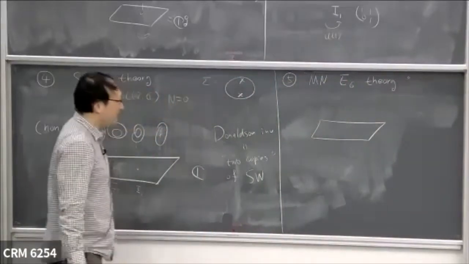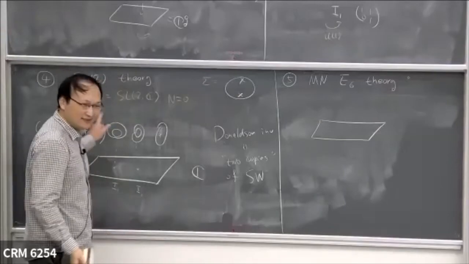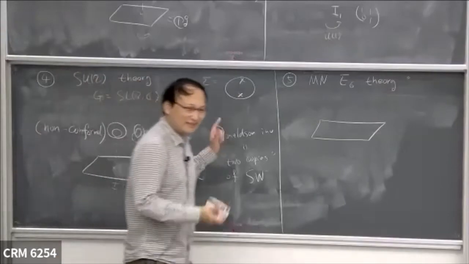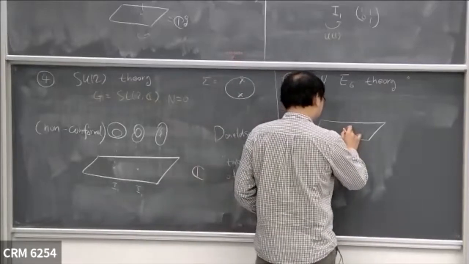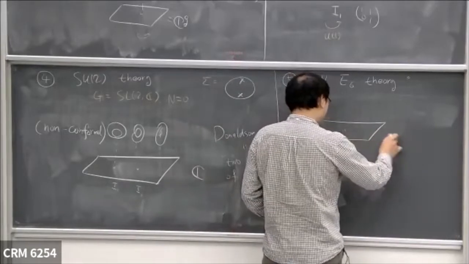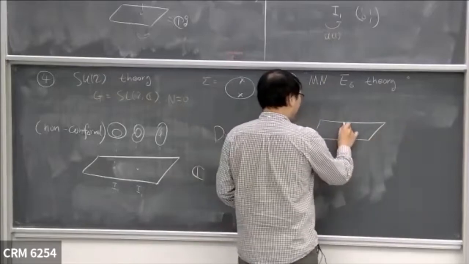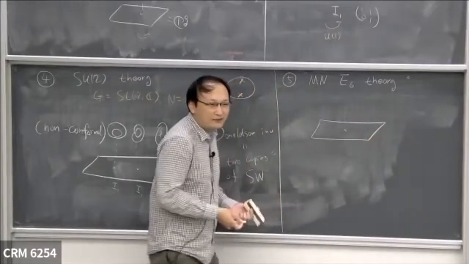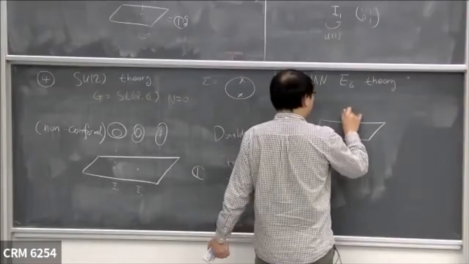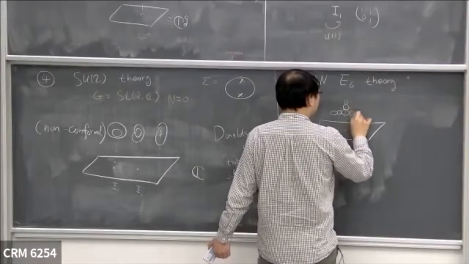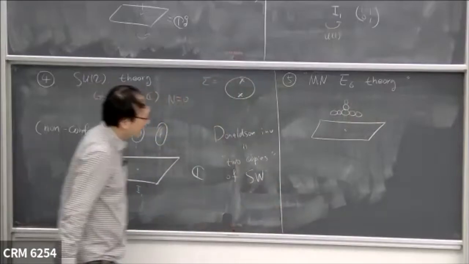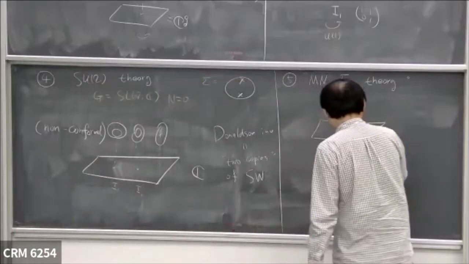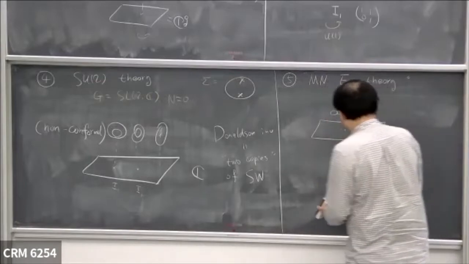So in the name, there's E6, but G is not equal to E6, and there's no N. What happens is that the base is still one-dimensional, but the singular fiber looks like the affine E6. I hope I got it correctly. And this is actually a conformal theory.